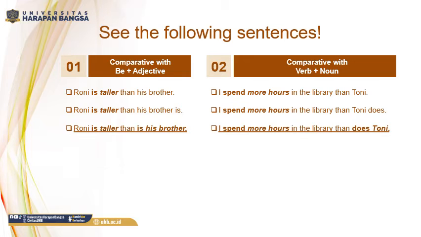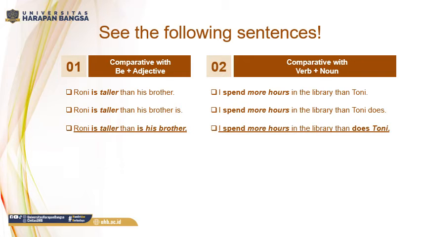Next, sentence number 2. I spend more hours in the library than Tony does. Ini lebih lengkap ya dibandingkan yang kalimat pertama. Kita lihat di sini kata kerjanya adalah spend kan? Karena kita menggunakan kata kerja, maka di bentuk yang kedua setelah kata than kita ganti menggunakan do, does, dan did, tergantung pada konteks kalimat dan tergantung pada subjeknya.